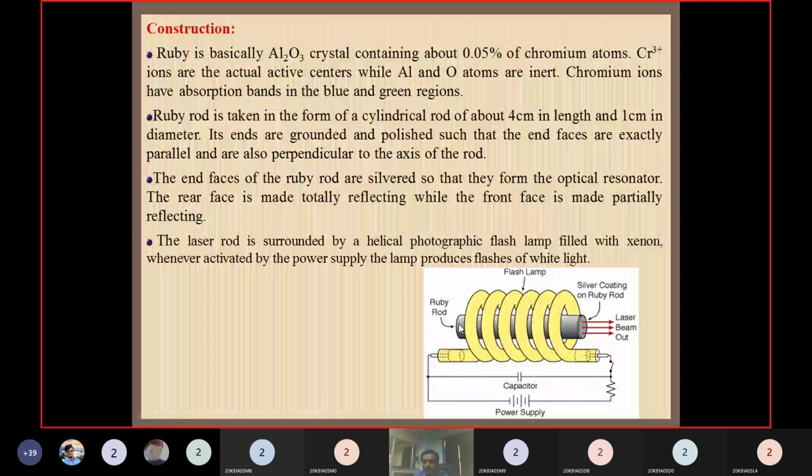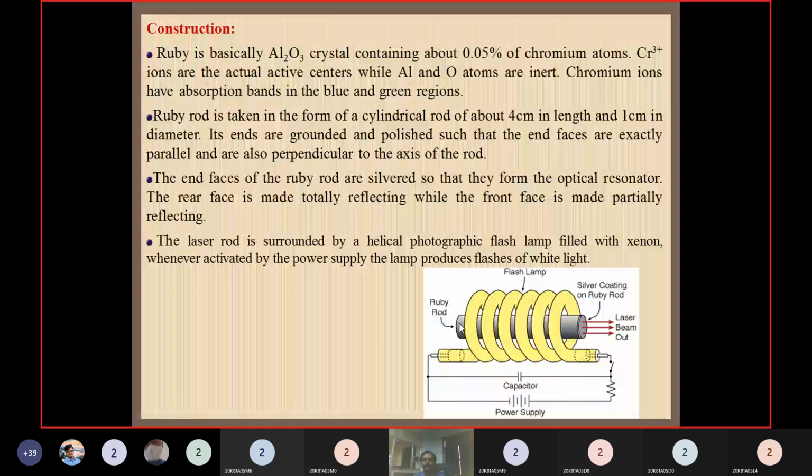Yeah, the screen is visible now. See here, this is the front end and the rear end. These two are parallel with each other and perpendicular to the axis of the rod. That means the rod should be a straight line.